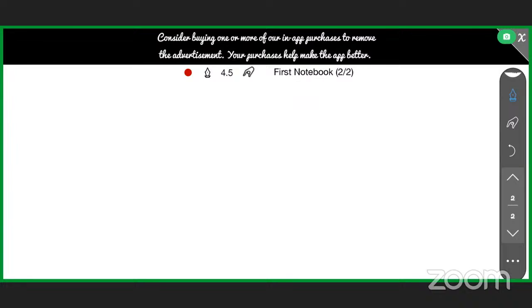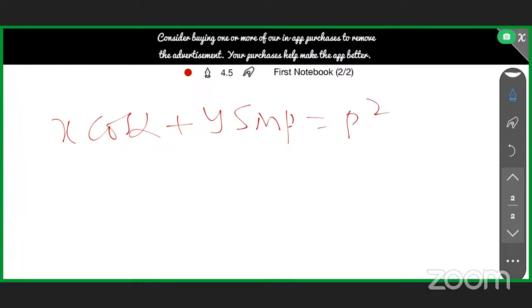The equation x cos alpha plus y sin alpha is equal to p square, where alpha is the angle of rotation.